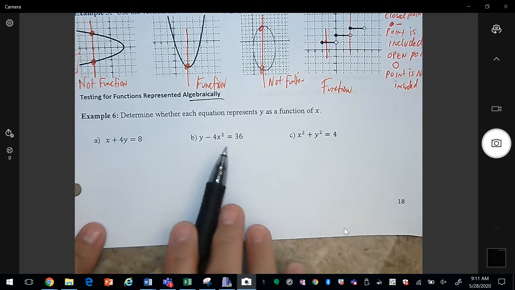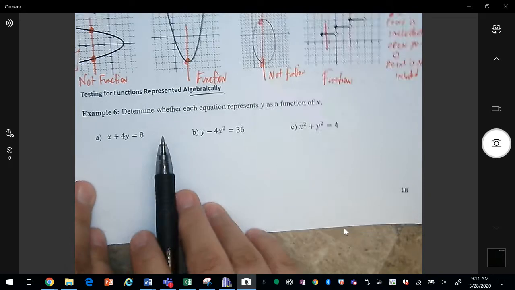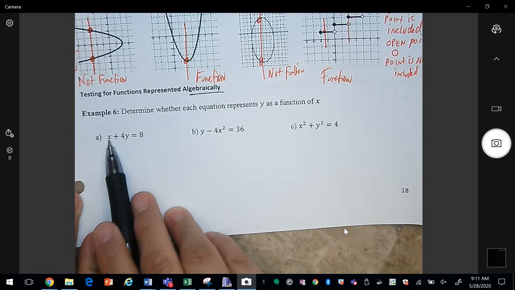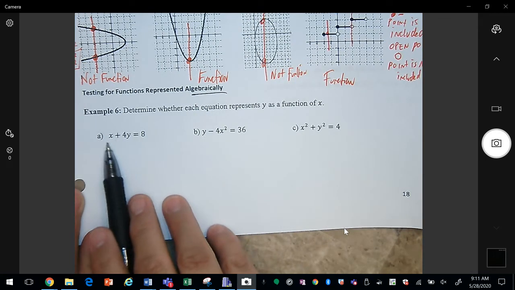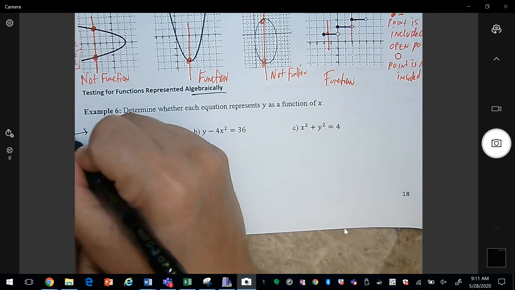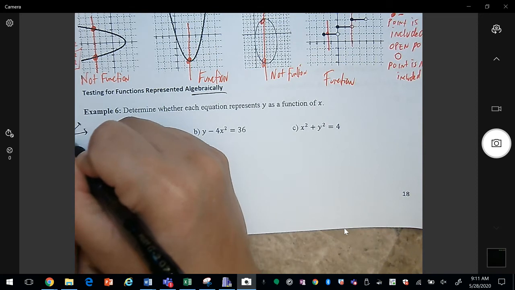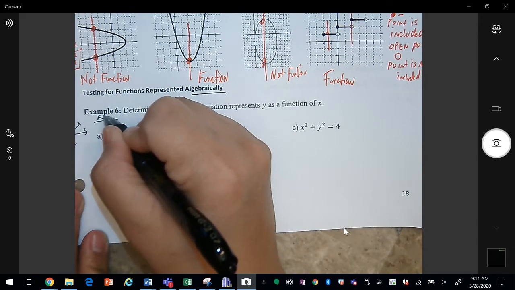So first, I'm going to talk about the actual graph. So in section 1.1, if the highest power for x is 1, then in the last two sections, we learned that this is going to be a line if you graph it. So the line is going to either go up like this, or it could go the opposite direction.